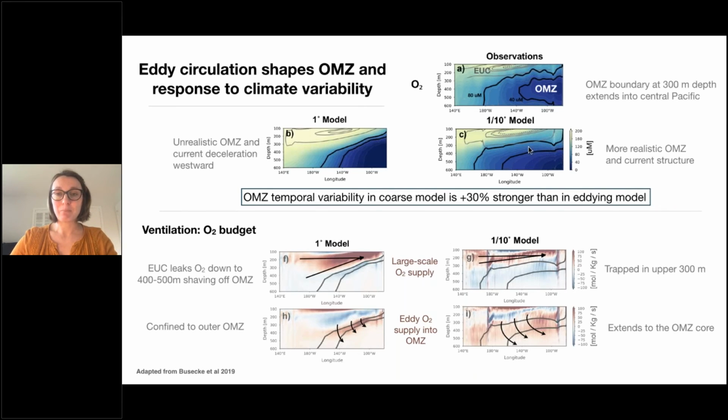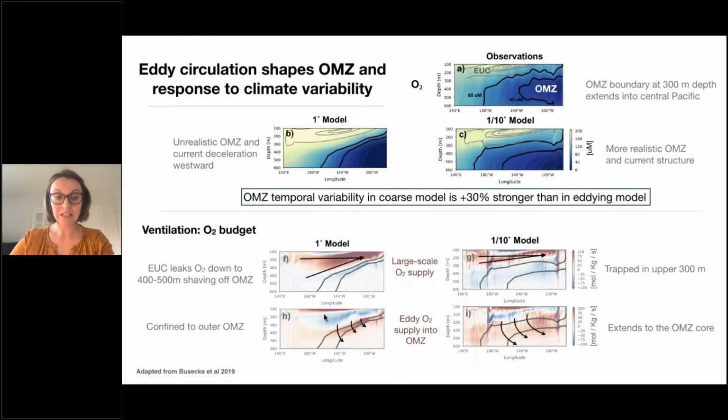And just to speak of why that is, that the structure is different, here is the ventilation budget of oxygen, what provides and supplies oxygen in those models. And if we look first at those panels, which show the large-scale supply by those currents, you see that in that case, you have an equatorial undercurrent that leaks oxygen, in red. It leaks a lot of oxygen, shaving off that oxygen minimum zone, which is not the case here, where it's trapped in the upper 300 meters.